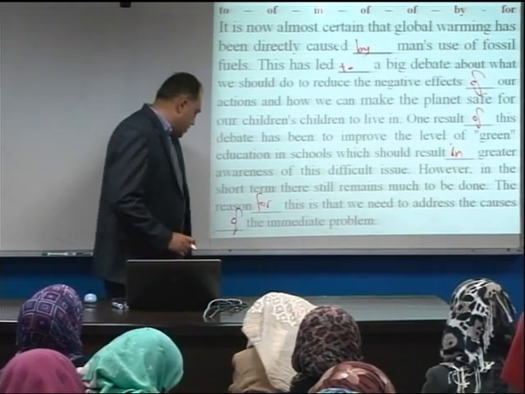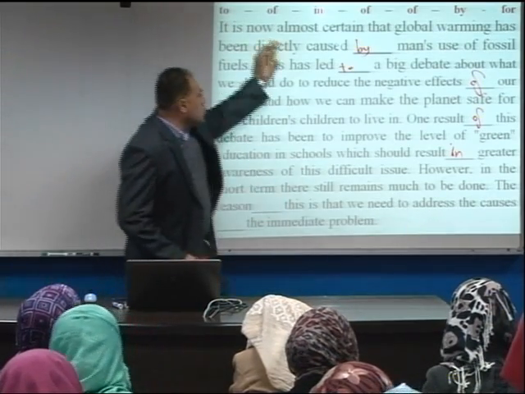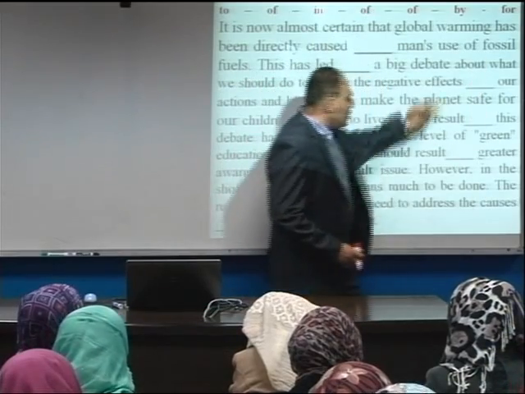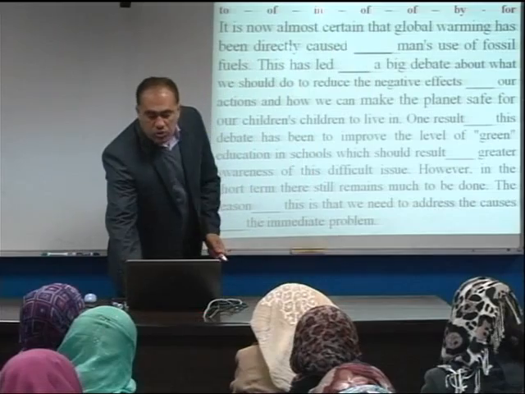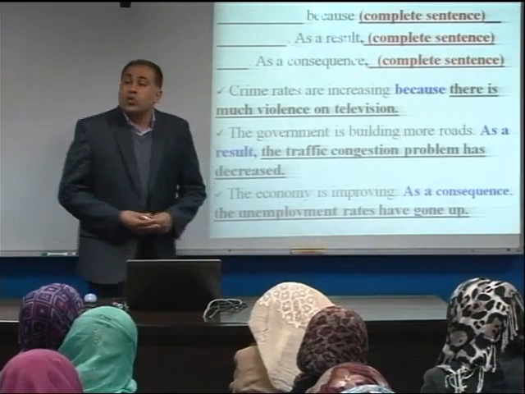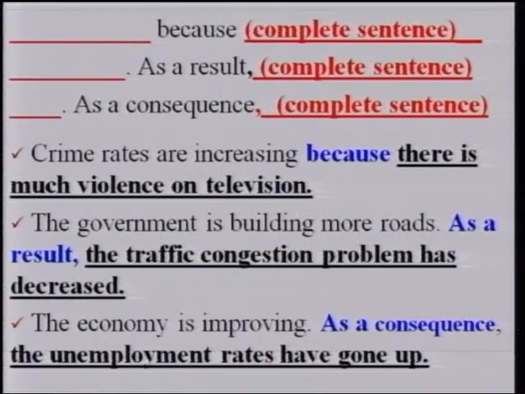Now, let us conclude with this last point about transitions used with cause and effect writing. We talked about this, but it is important to always highlight these things. Whenever I use because, it is always followed by a complete sentence.